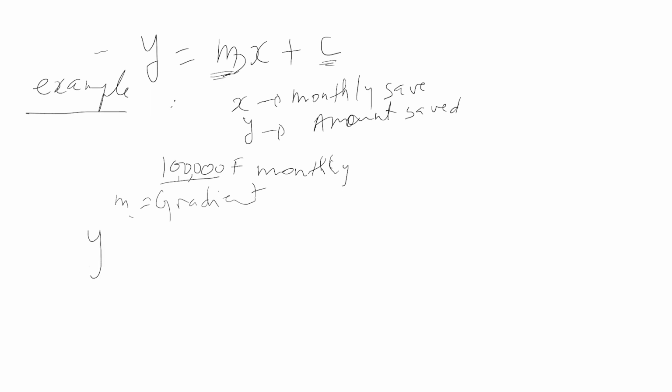So my equation will be written: y will be the amount that I will save during any certain period. The gradient is 100, then times x. Why 100? It is 100 because it's the money that I'm able to save per unit of time, and here, unit of time is 1 month.